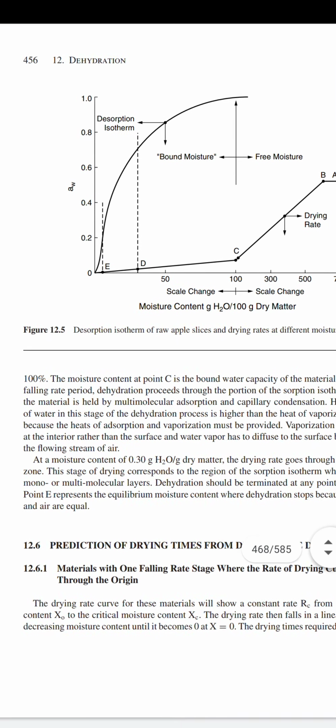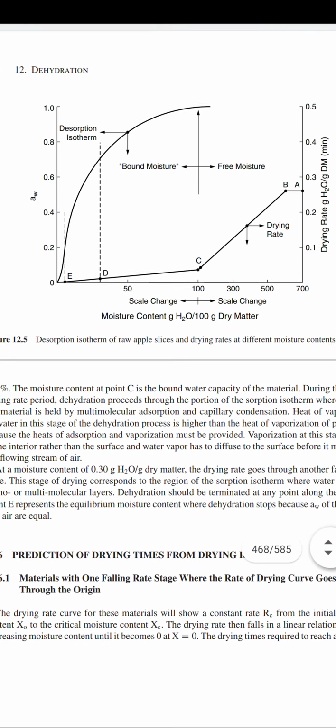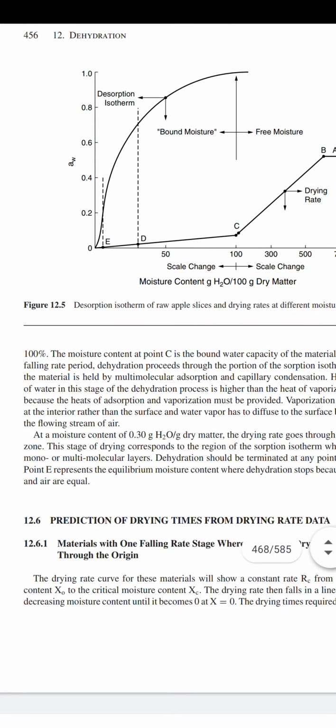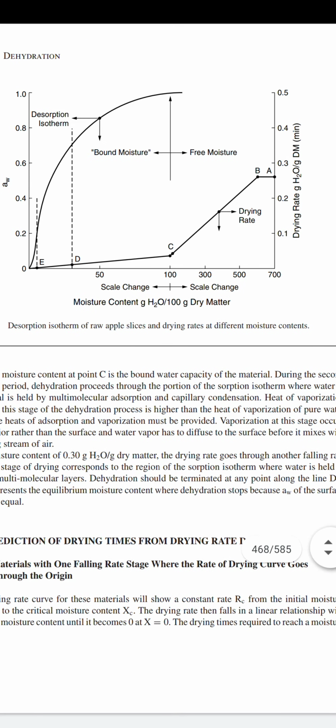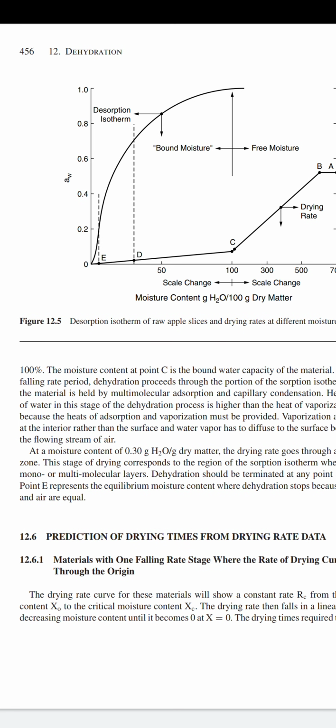Okay. Now if you look at the final stage, at a moisture content of 0.3, the drying rate goes through another falling rate zone. This stage of drying corresponds to the region of the sorption isotherm where water is held in mono or multimolecular layers. So we are talking about zone A of the sorption isotherm, where XM is the monolayer moisture content. That means each solid particle is covered by a layer of water, right?